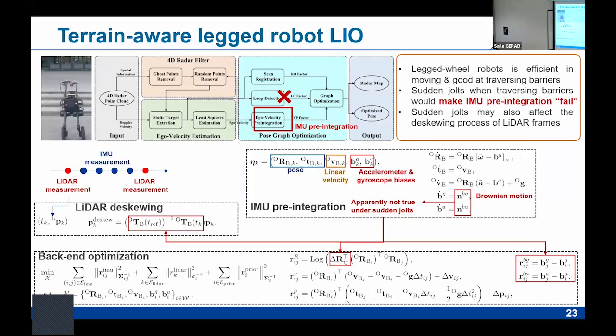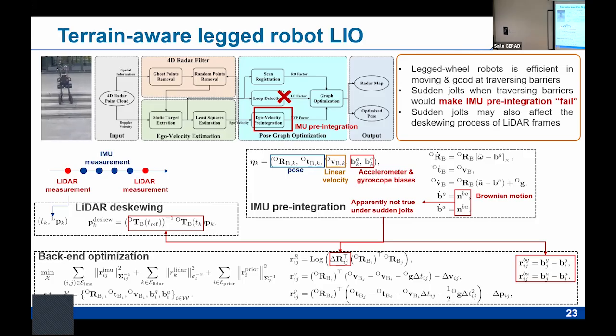Okay, so then we move on to some other problems. For example, this legged-wheel robot. A legged-wheel robot is efficient in moving and good at traversing barriers, for example, stairs. But the sudden jolts when traversing these barriers will make IMU pre-integration fail, because the jolts may also affect the deskewing process of the LiDAR frames.